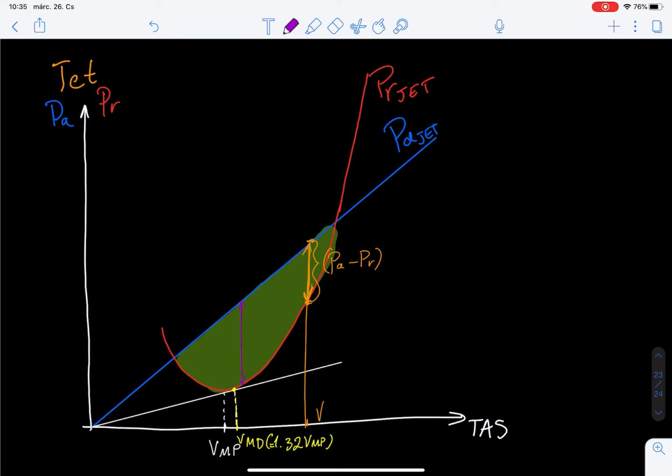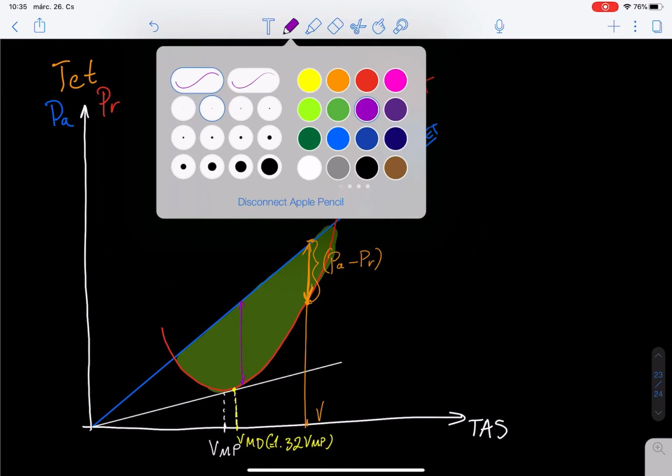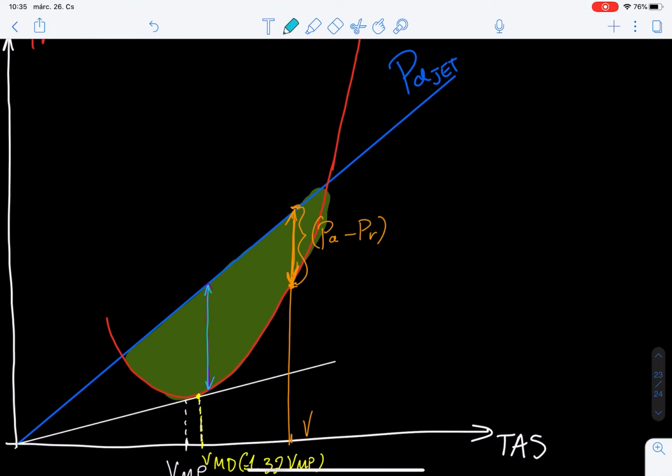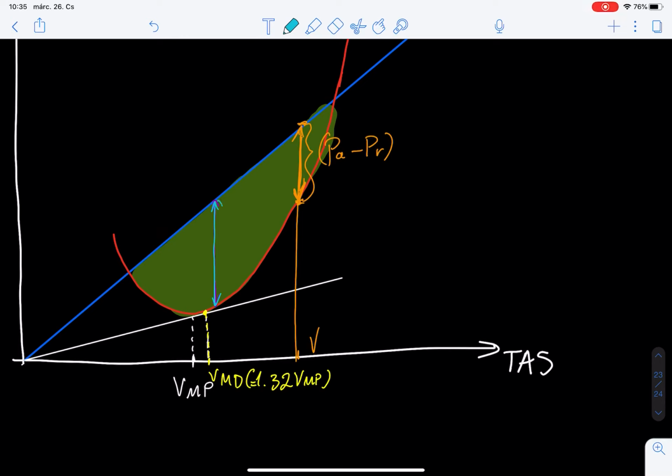But there's a few things that we, let's choose another color because this is not very visible. Much better.